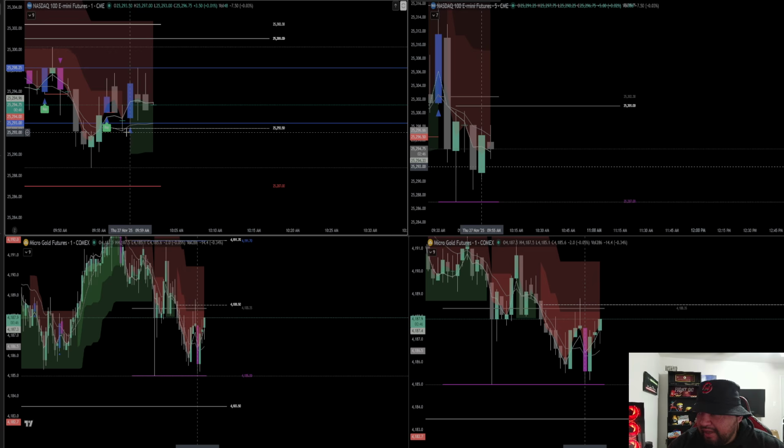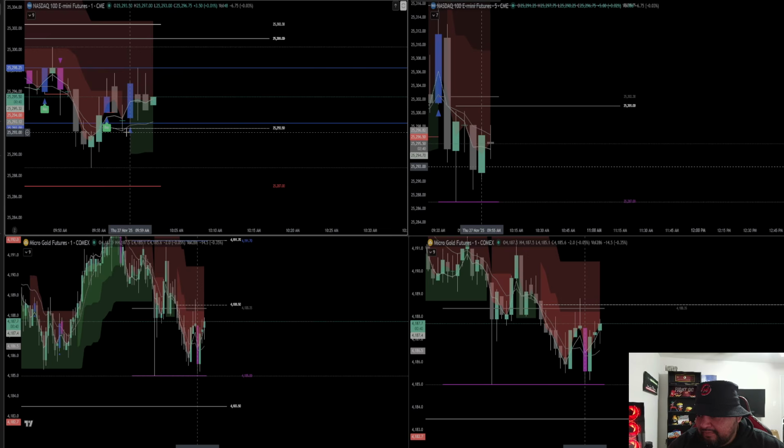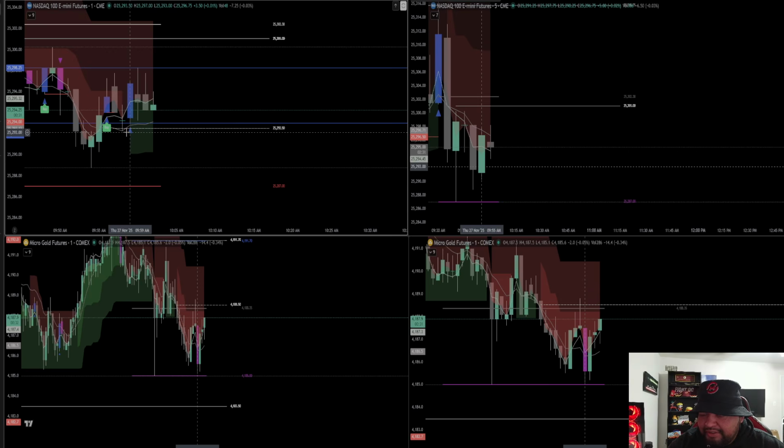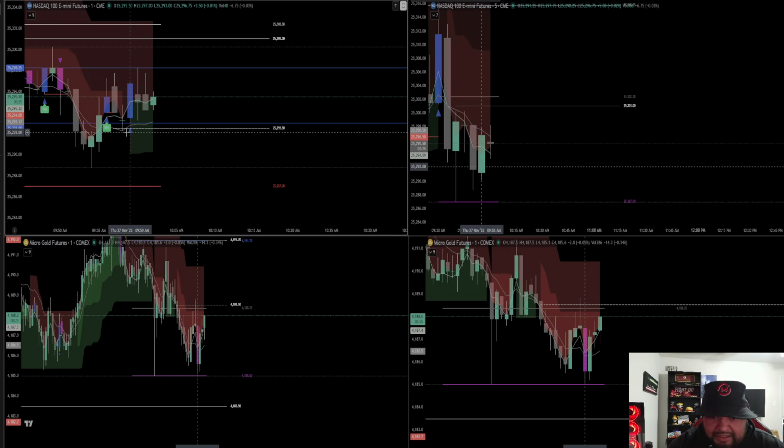It's just chopping around. Gold's pushing itself back up slowly. NQ is just stuck in this little bottom area, choppy zone. All right.